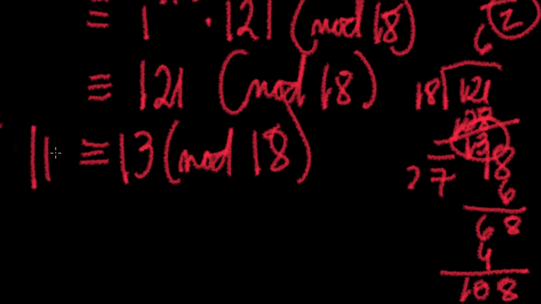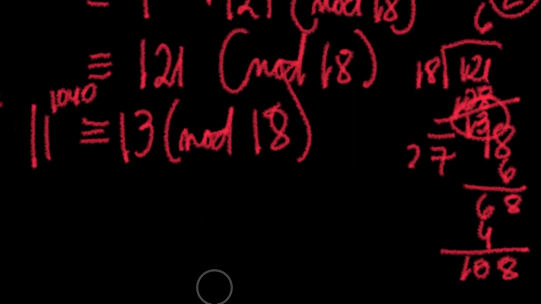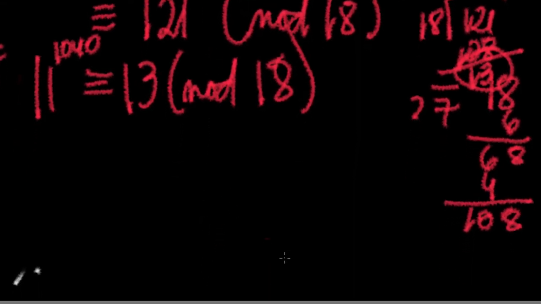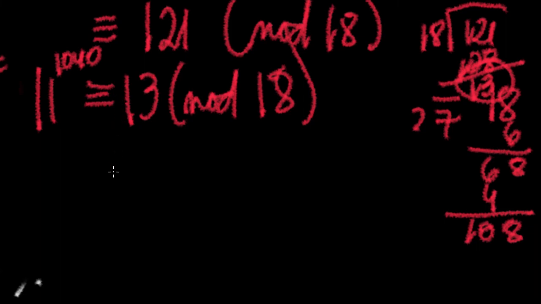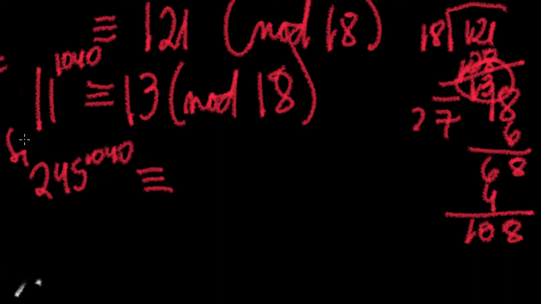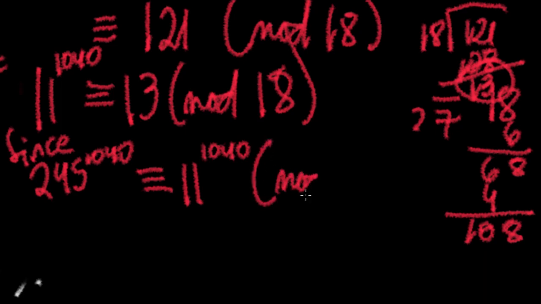11 raised to 1040 is congruent to 13 mod 18. Going back to our first part, we said that 245 raised to 1040 is congruent to 11 raised to 1040 mod 18.